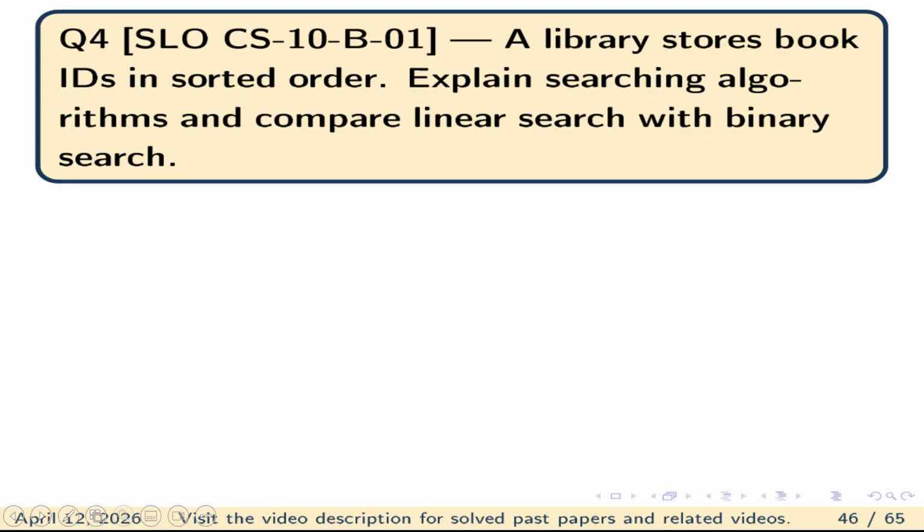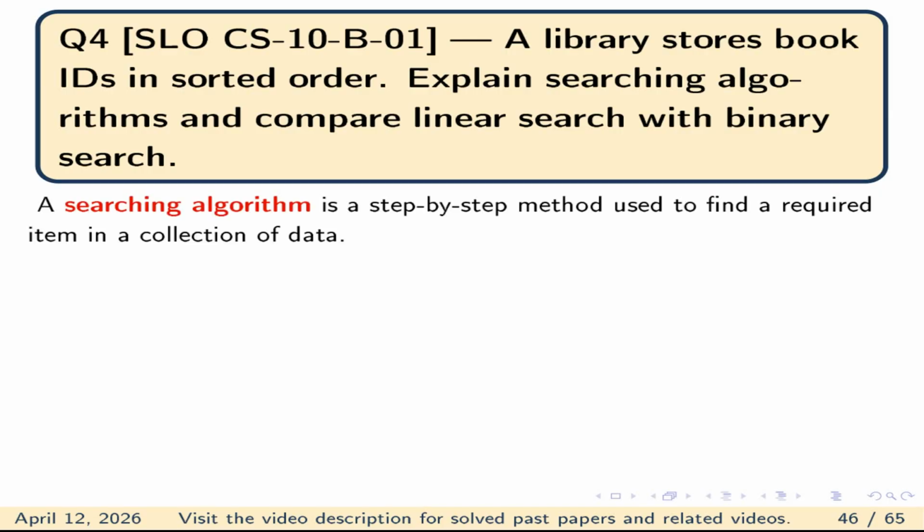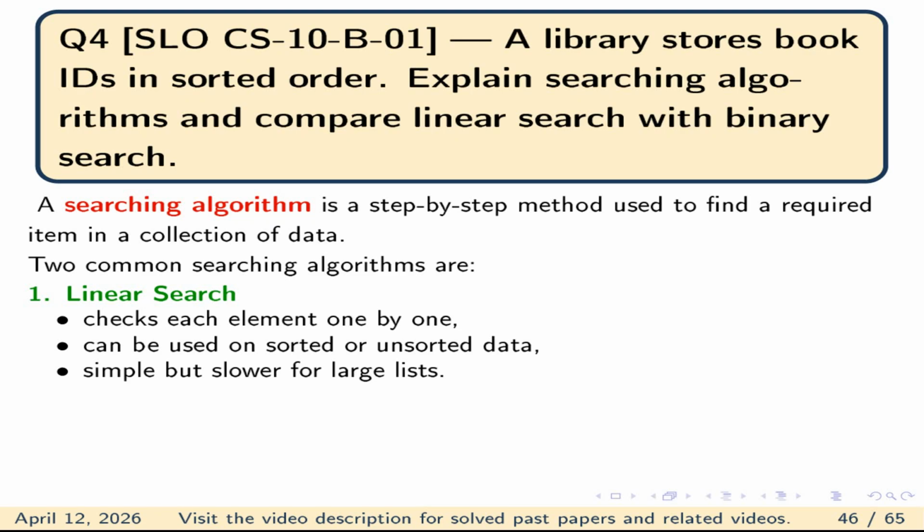Question 4. A library stores book IDs in sorted order. Explain searching algorithms and compare linear search with binary search. A searching algorithm is a step-by-step method used to find a required item in a collection of data. Two common searching algorithms: number one is linear search, which works by checking each element one by one.